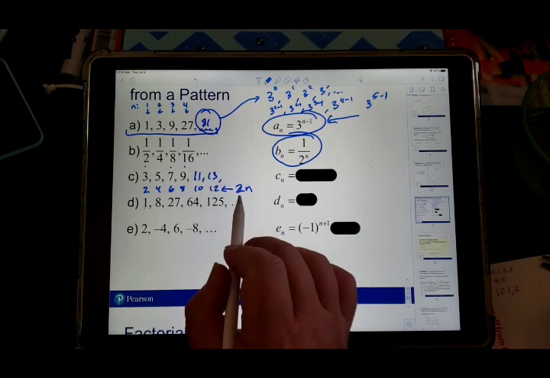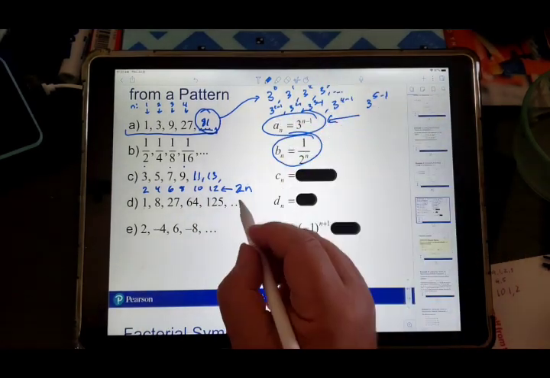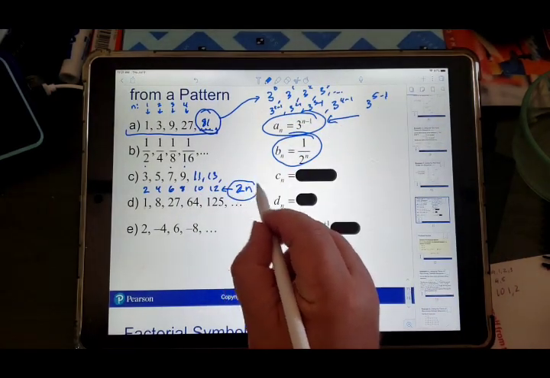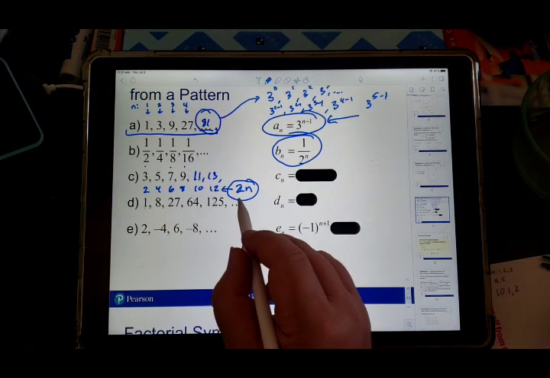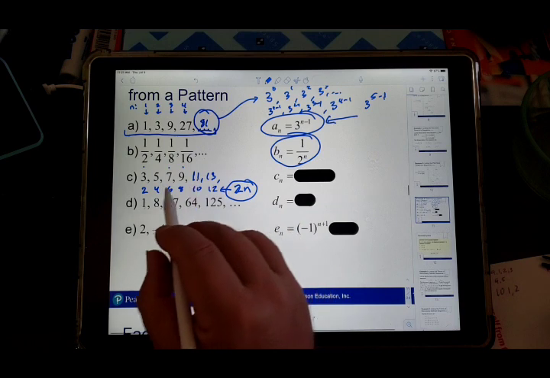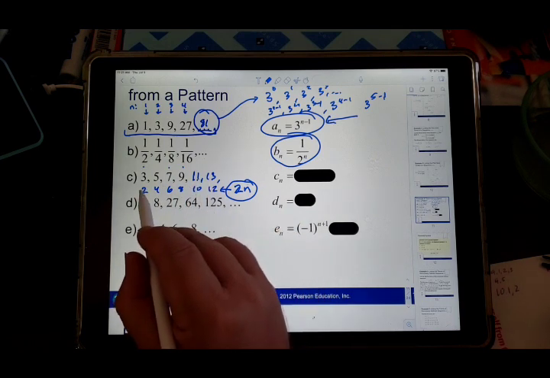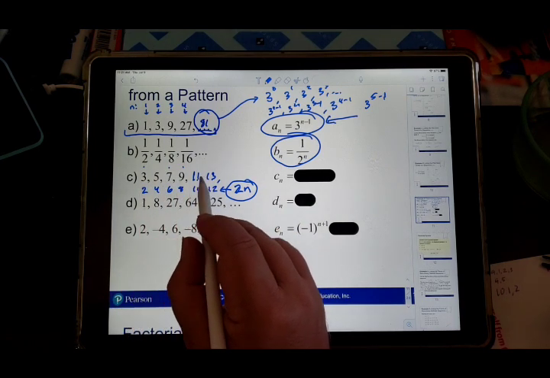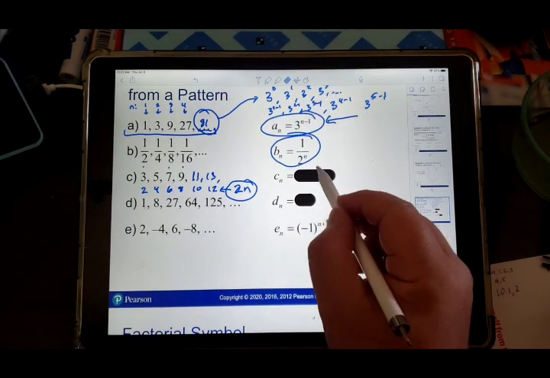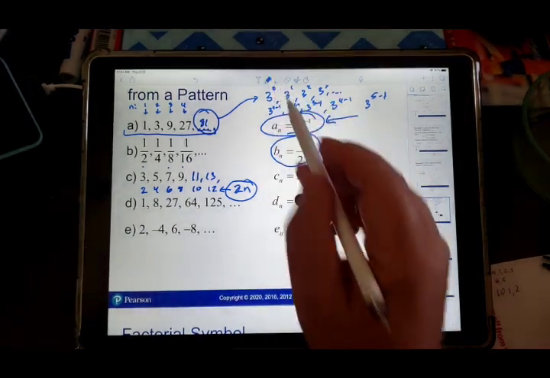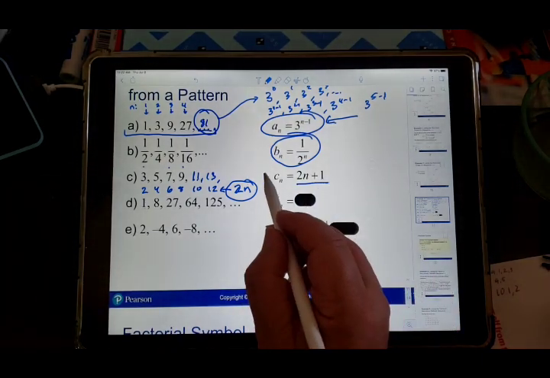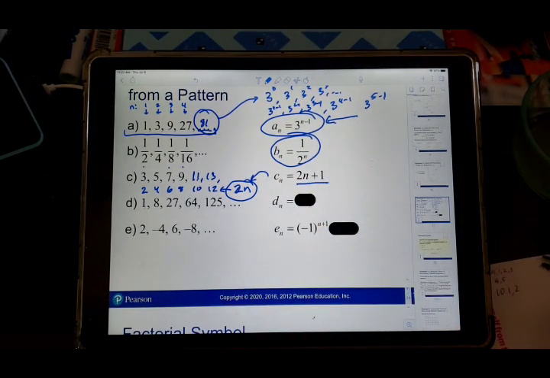So whatever n is, I'm just multiplying it by 2. So this pattern you've known for a very long time, 2, 4, 6, 8, 10, is just 2n. So this pattern, where it's 3, 5, 7, 9, 11, 13, is, no surprise, 2n plus 1. I just add 1 to this pattern that I've known since I learned how to count.